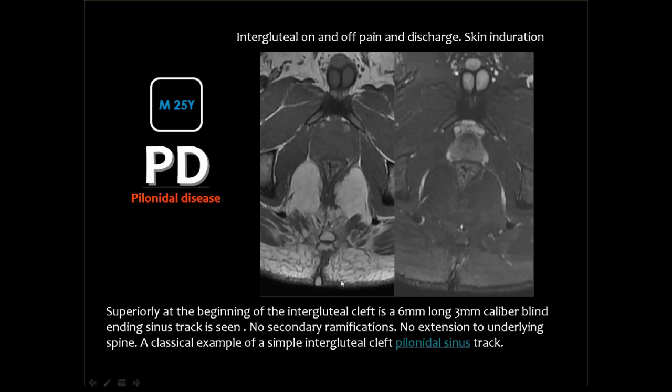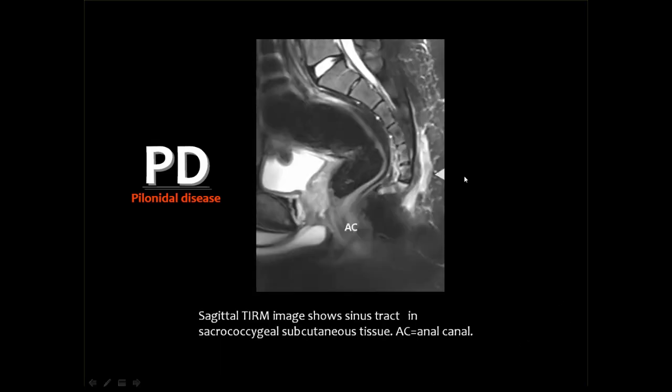But if you have just inflammation without a tract, this is known as pilonidal disease. As you see here in the sagittal T2 fat suppressed image, there is inflammatory granulation tissue subcutaneously posterior to the sacrum, in the classic position of pilonidal disease.